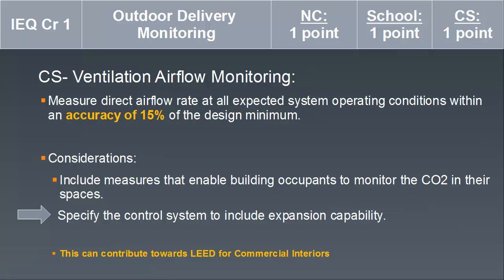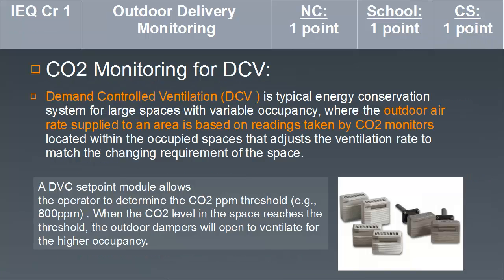Considerations include measures that enable building occupants to monitor the CO2 in their spaces and specify the control systems to include expansion capability. A good synergy with Energy and Atmosphere Credit 1, Optimize Energy Performance, is demand control ventilation.